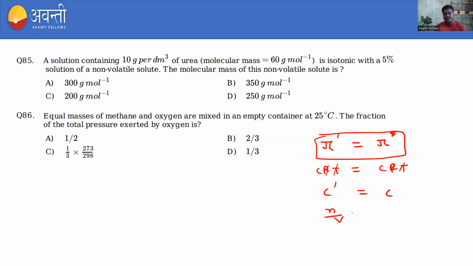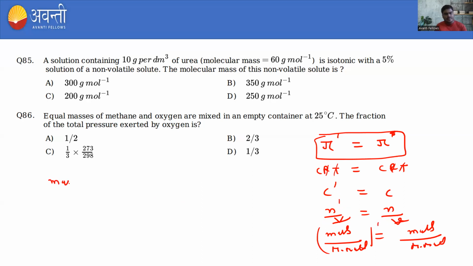What is C? That is n upon V. Again, what is n? n is equal to mass upon molecular mass. Volume gets cancelled, so this is again mass upon molecular mass. This is for the unknown solute, and this is for urea. The mass we know for 5% is 5 gram, and the molecular mass of the non-volatile solute you have to calculate.